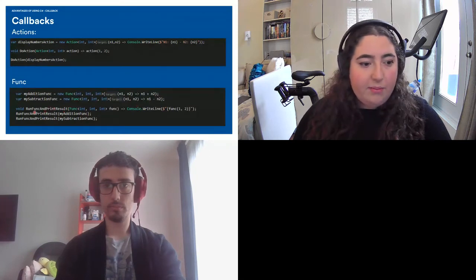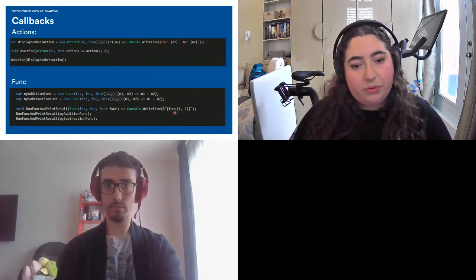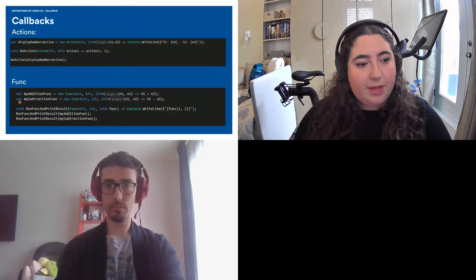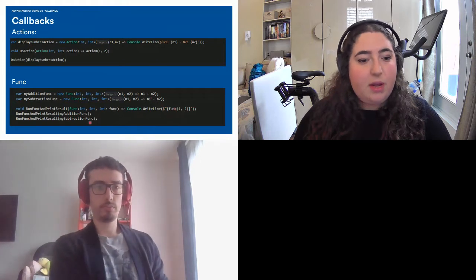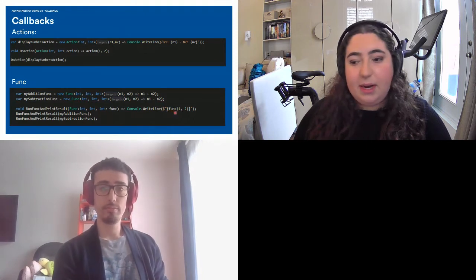And if we run func and print result, what this does is it will write to the console what is returned from our function, which is either the add or subtract. So if we run the add, it will write the result of 1 plus 2, which is 3. And if we do the subtraction, it will write the result of 1 minus 2, which would be -1.